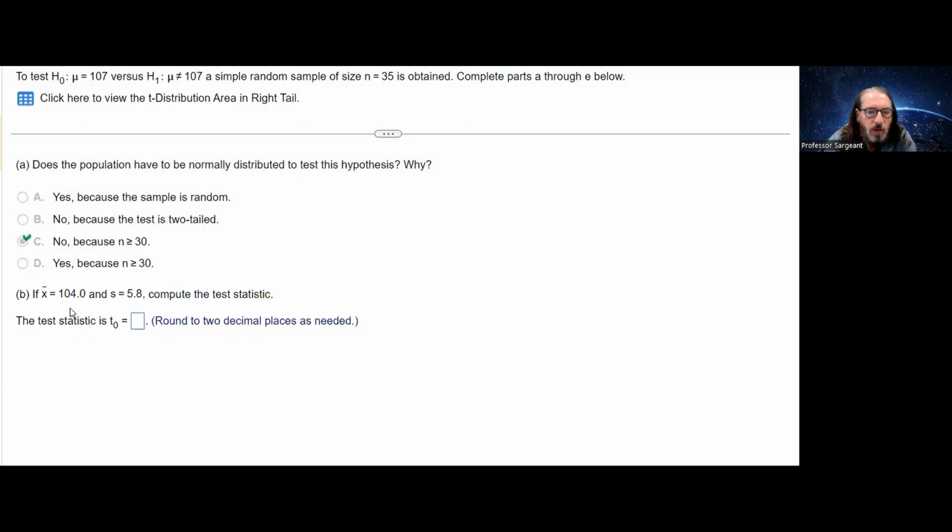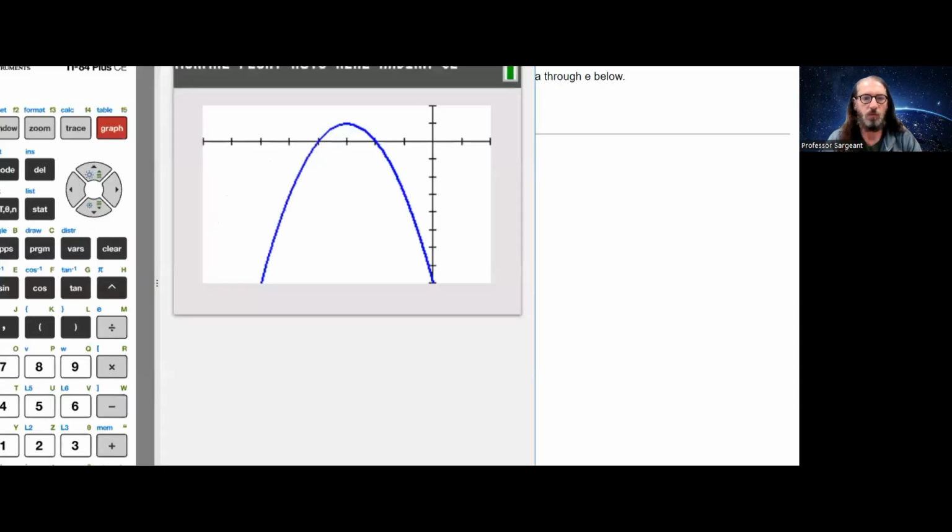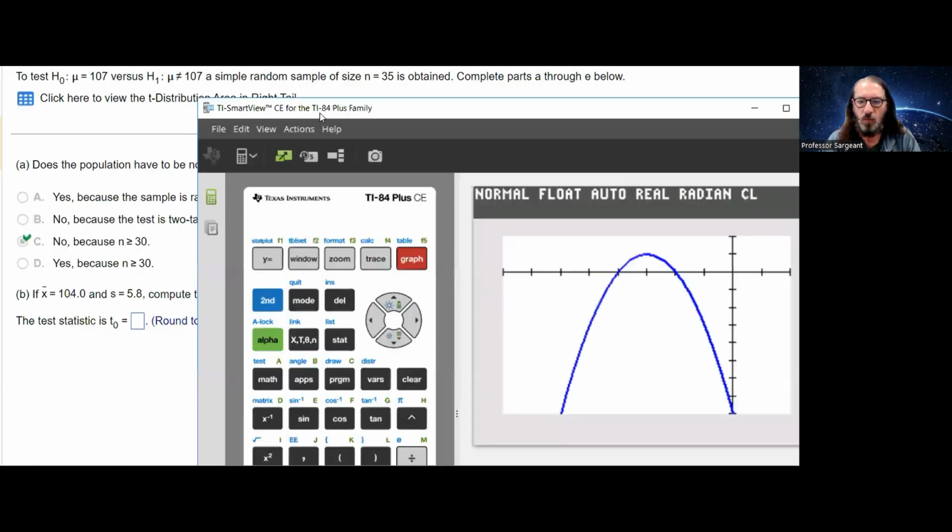If X bar is 104 and S is 5.8, compute the test statistic. Okay, so let's get this stuff from college algebra out of the way.